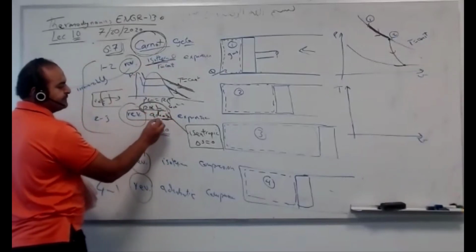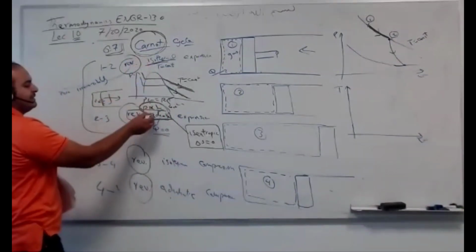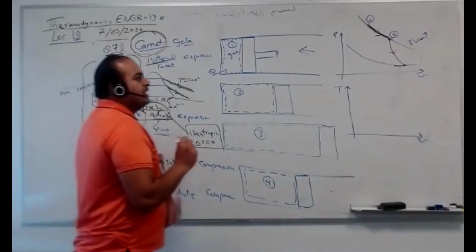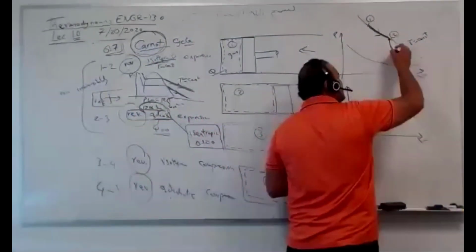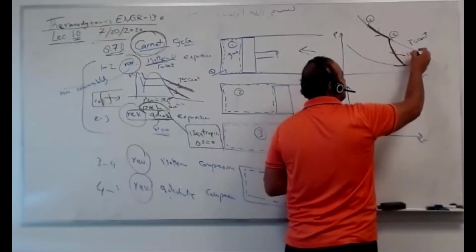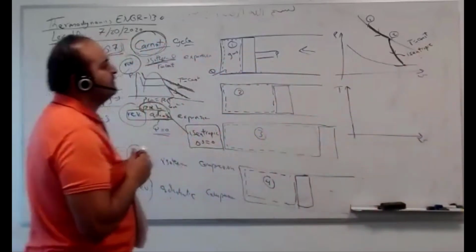Adiabatic, there is no heat. Isothermal, adiabatic, isothermal, adiabatic. This guy is adiabatic and reversible. We call it isentropic. We're going to discuss it in the next lecture when we talk about entropy, chapter 7.